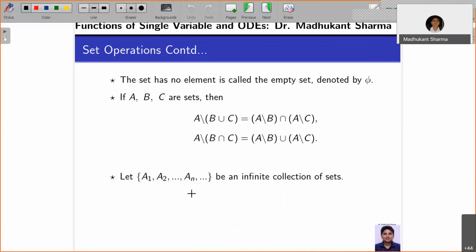Now, if you have an infinite collection of sets, how will you define their union? How will you define their intersection, and so on?